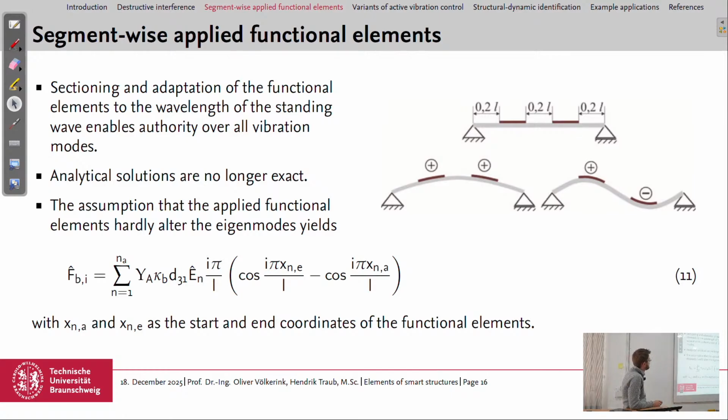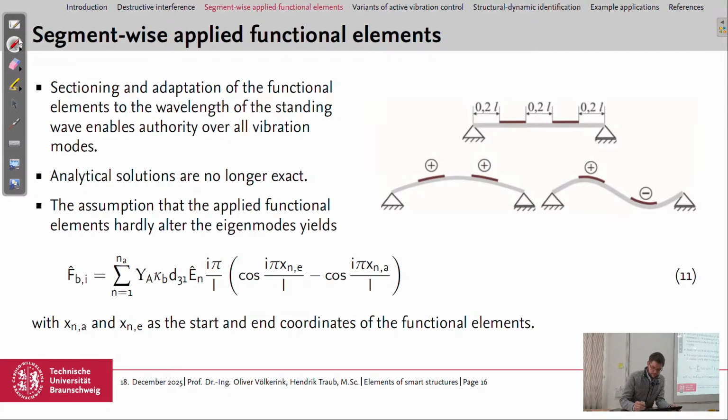Now we are coming to really segment-wise applied functional elements. So we have 2 functional elements on the structure, and then we have a new description of the general excitation by these 2 functional elements.